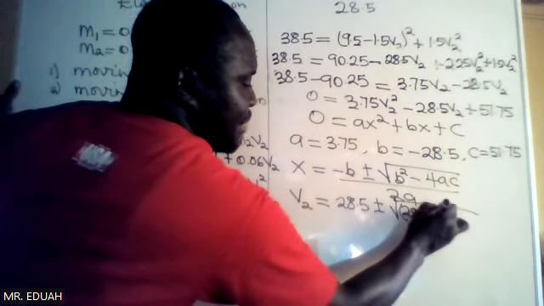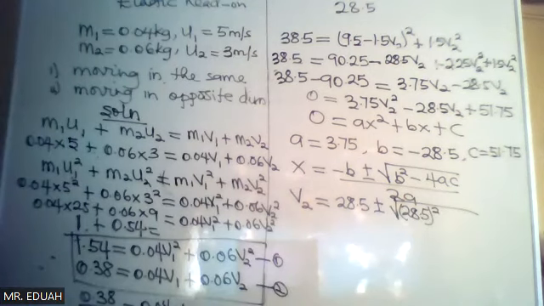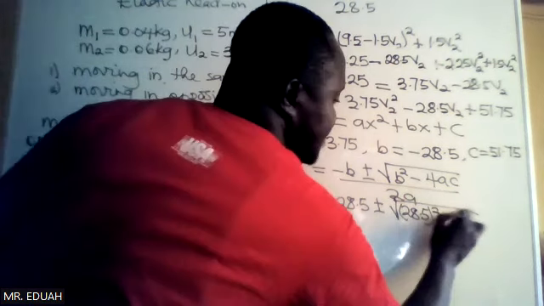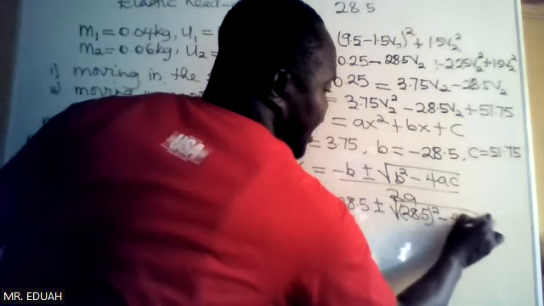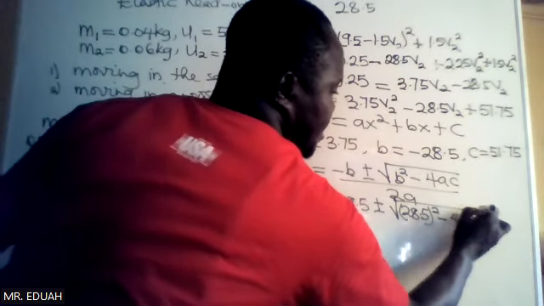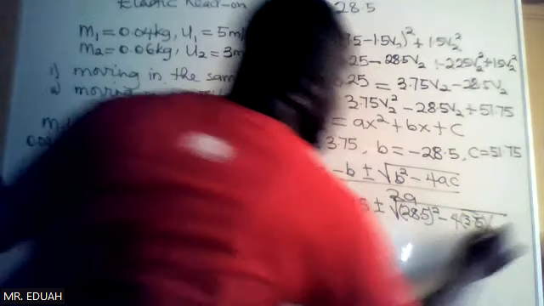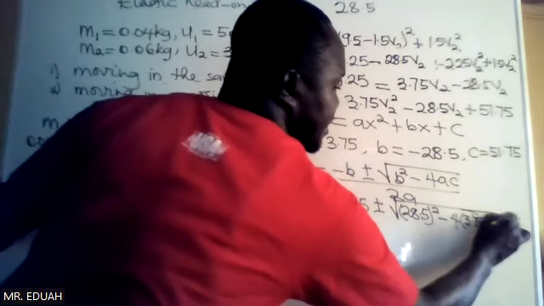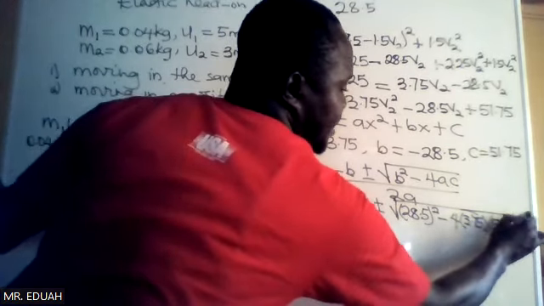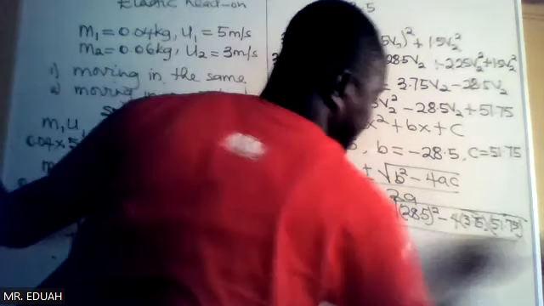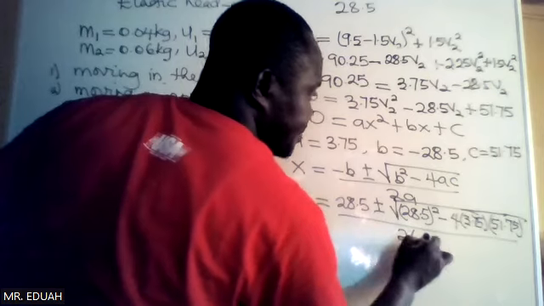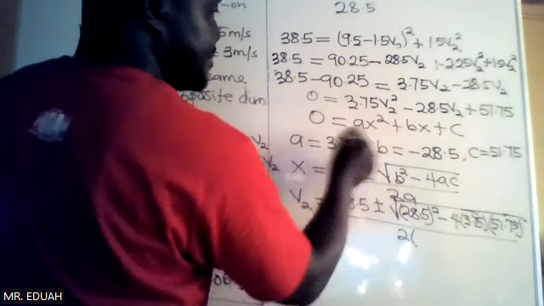I eliminated the minus because when you square a negative it is positive. Minus 4 times a, 3.75, times c, 51.75. All divided by 2 times a.